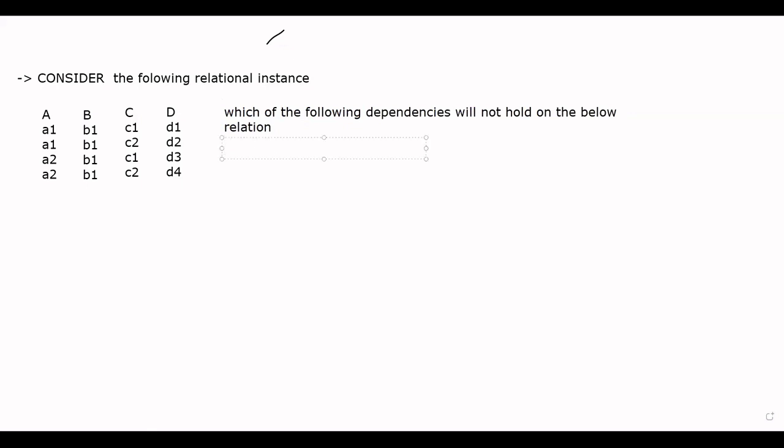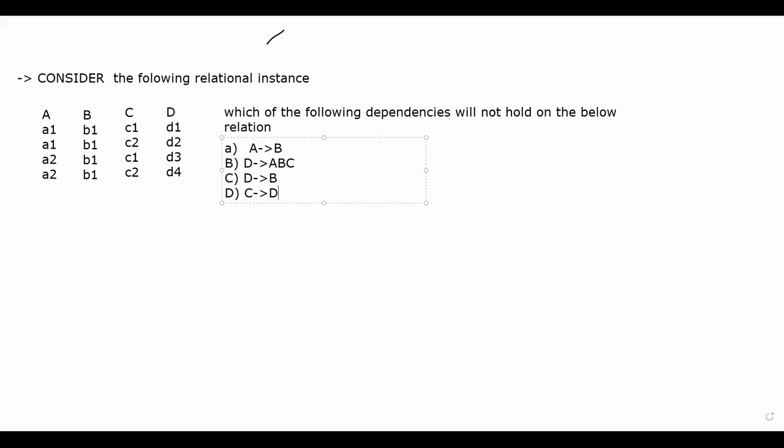So they have given you, first, option A: A tends to B. Option B they have given: D tends to ABC. Option C they have given: D tends to B. And option D they have given: C tends to B. Okay, so this is the question.